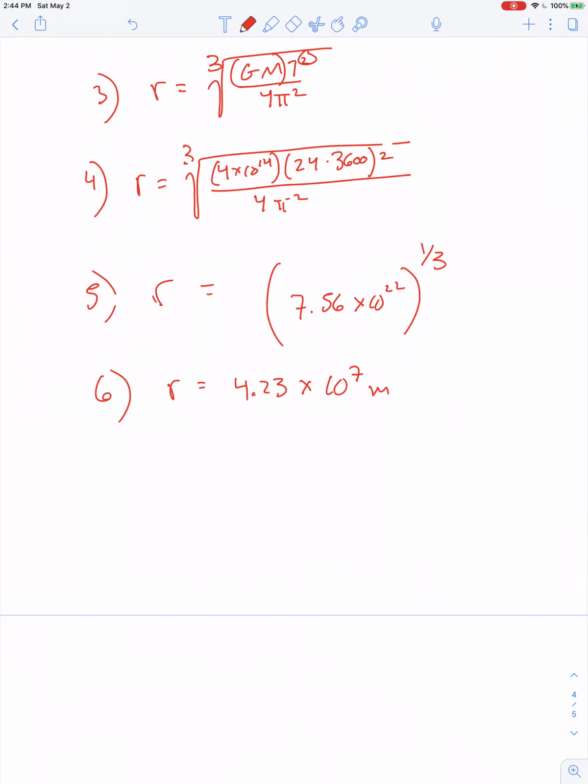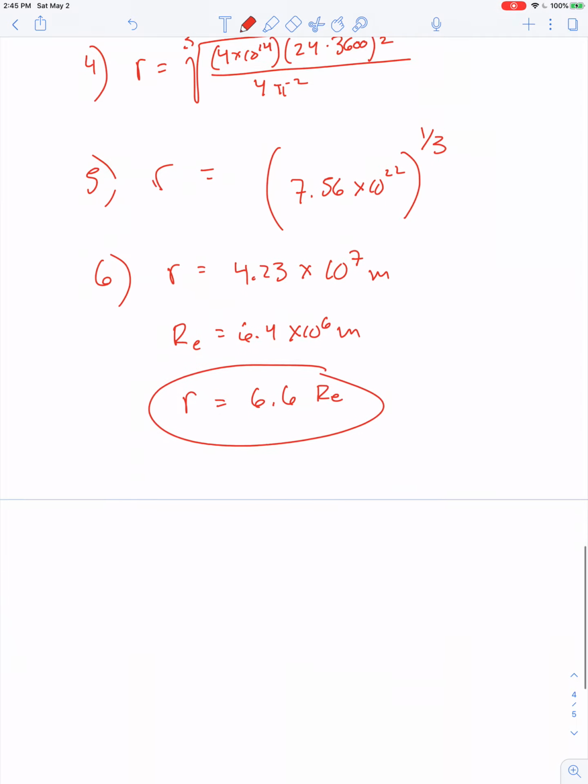It's a big distance, can't relate to that, but I know the radius of the Earth is 6.4 times 10 to the 6 meters, so if I divide, I could express the orbital radius for a geosynchronous satellite as multiples of Earth radius, and I get, indeed, 6.6 Earth radii.